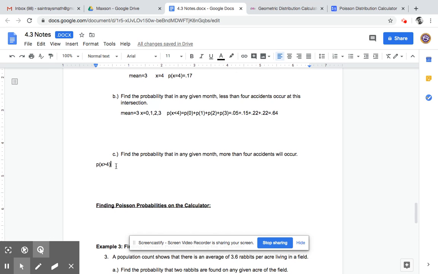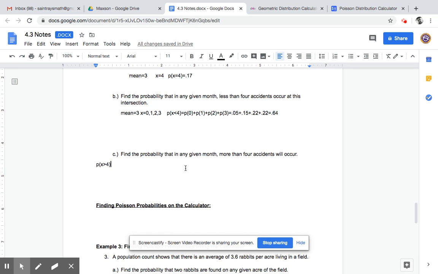So when you're finding something more than 4, that is going to be what we call the opposite, or the complement. That's the word I was looking for. The complement of there being less than 4. So we found up here less than 4.